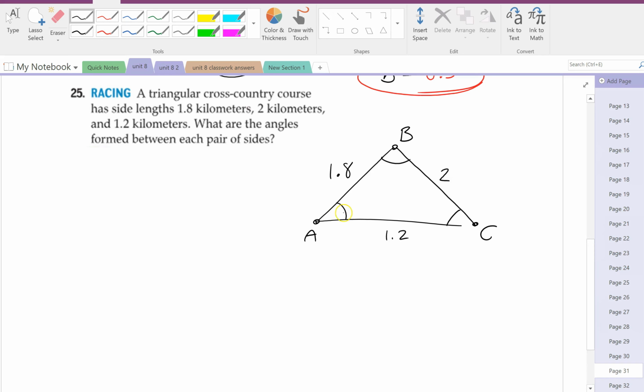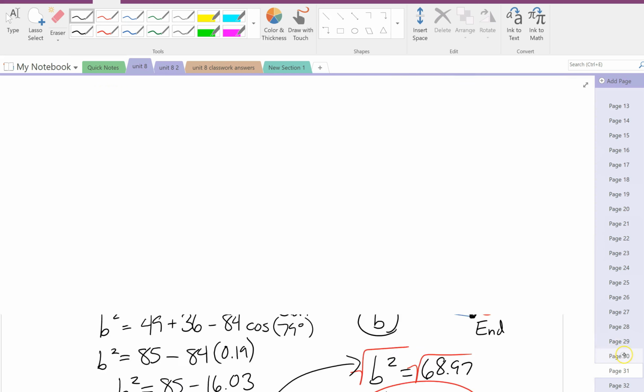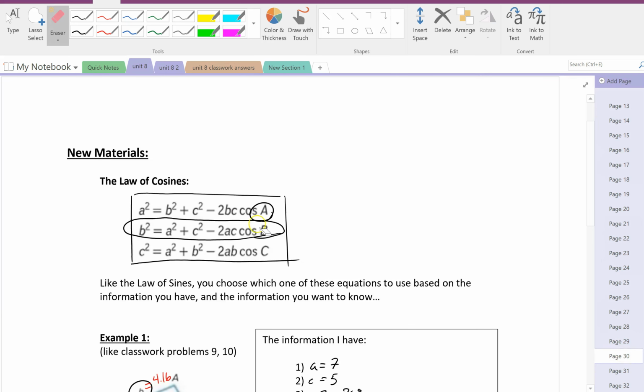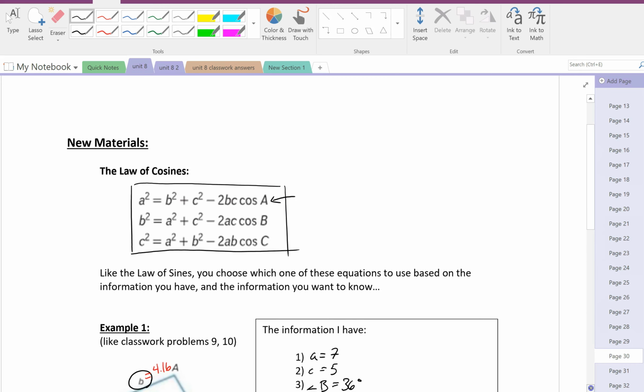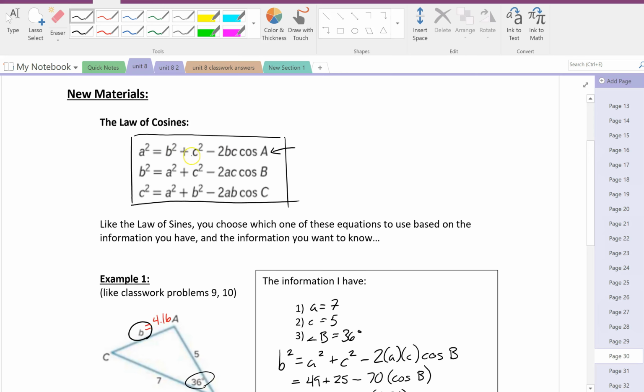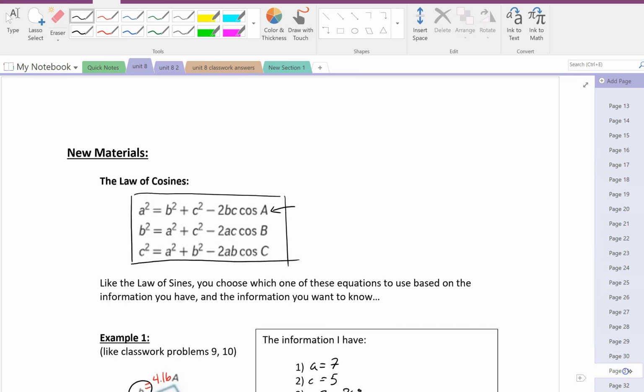So let's start with angle A. I want angle A, so I'm going to go back to the table, and I'm going to use this first formula. A squared is going to equal B squared plus C squared minus 2BC times the cosine of angle A. It's a mouthful.